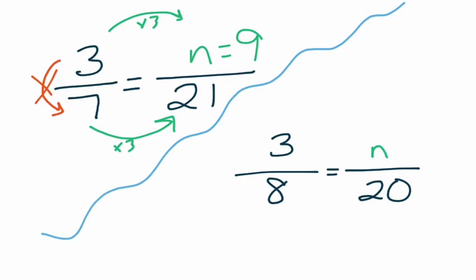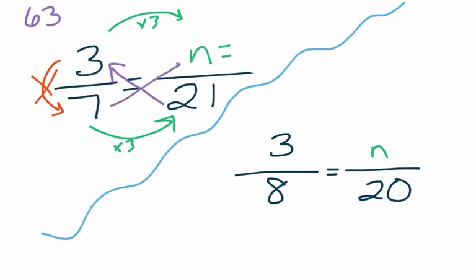Now, I'm going to demonstrate cross products, and I know this wouldn't necessarily be the go-to people would go for right away, but let's pretend we haven't solved what n is yet, and I was looking at cross products. I would look at 21 times 3, and I know that 21 times 3 is 63.